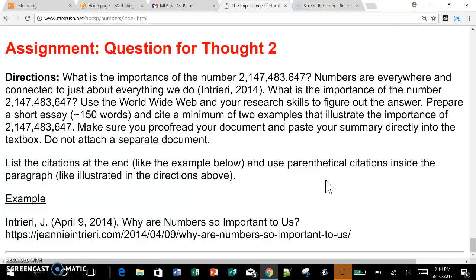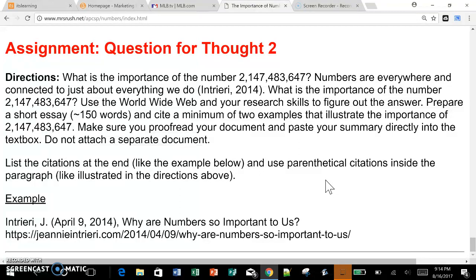Today's assignment is Question for Thought 3.2. What is the importance of the number 2,147,483,647? Numbers are everywhere and connected to just about everything we do. What is the importance of that number, 2,147,483,647?